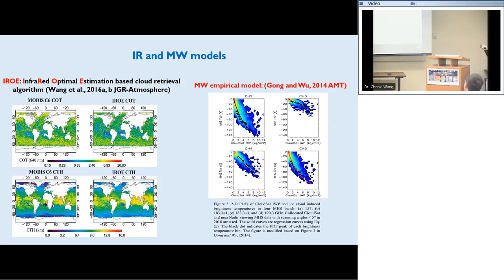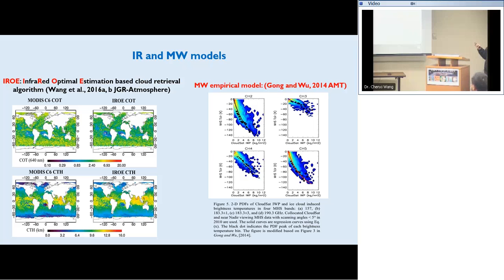For infrared, because I don't have enough time to go through the details, we have two papers describing the infrared model and the retrieval algorithm. It is an optimization-based cloud retrieval algorithm. We retrieve cloud optical thickness, particle size, and also cloud top height using the MODIS infrared channels.